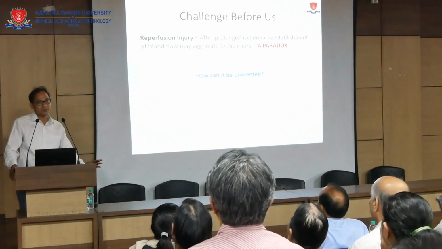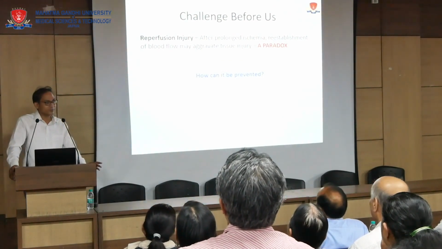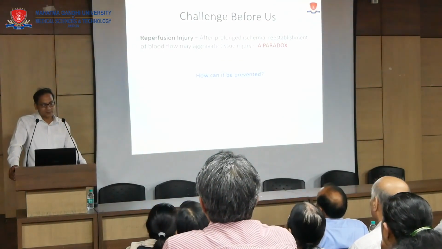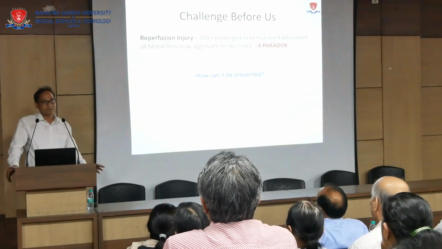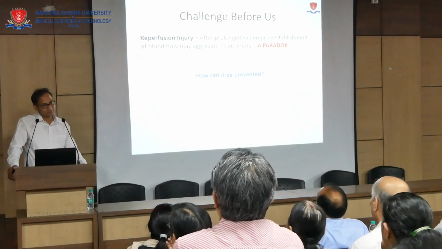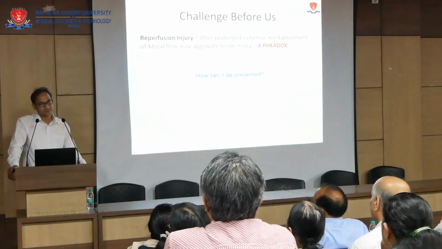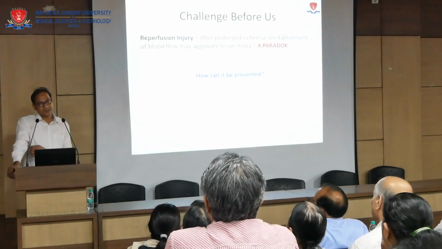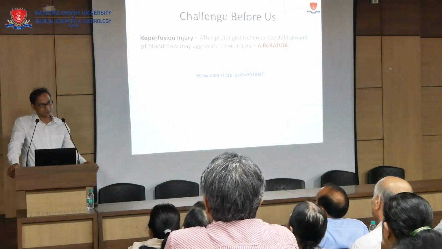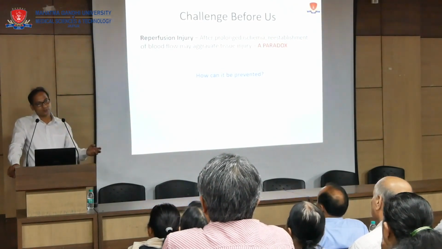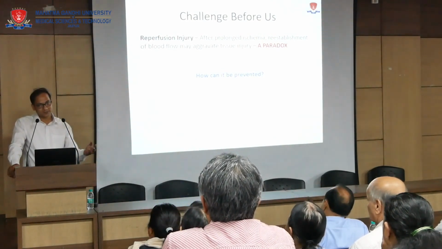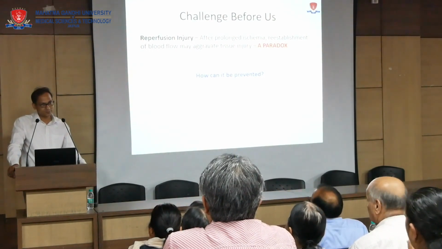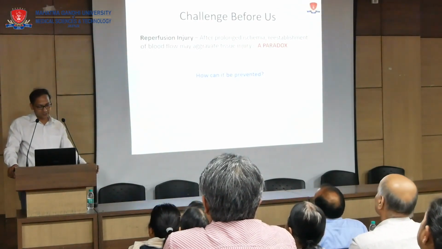The challenge we were facing at that time was reperfusion injury. So what is a reperfusion injury? Whenever there is ischemia, oxygen free radicals are generated, and leukotrienes and cytokines are released into the systemic circulation.